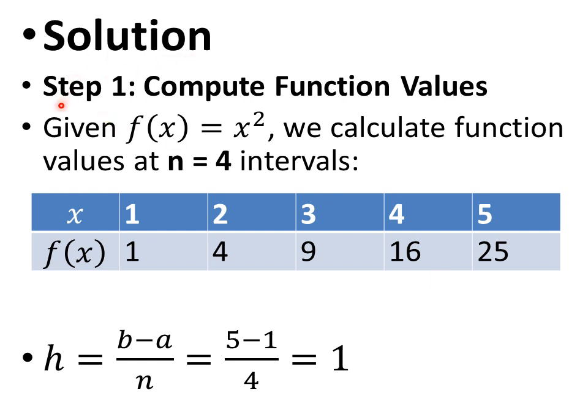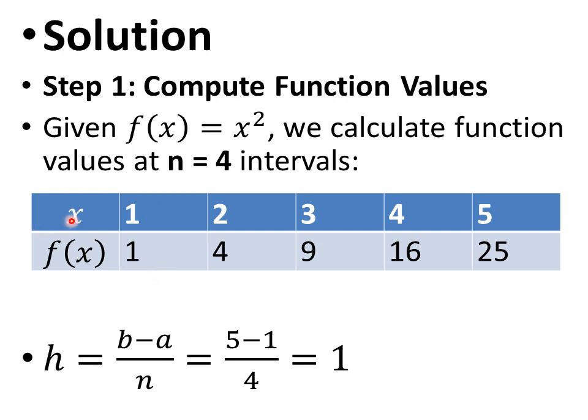Solution. Step 1: compute the function values. Given f of x equal to x square, we calculate the function values for n equal to 4 intervals. If we put x equal to 1, then we get 1.